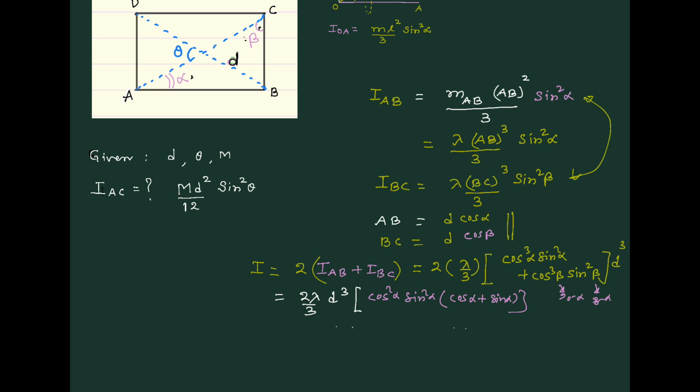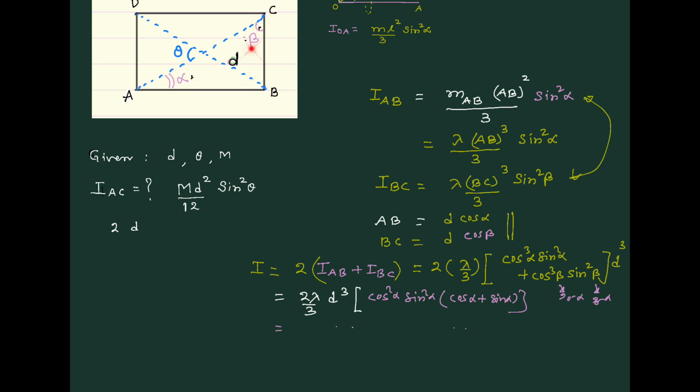What about this lambda? Lambda is mass per unit length. The total length will be twice of d. Total length will be basically twice of this length and twice of this length. This is d cos alpha, this is d cos beta, and cos beta is nothing but sin alpha.